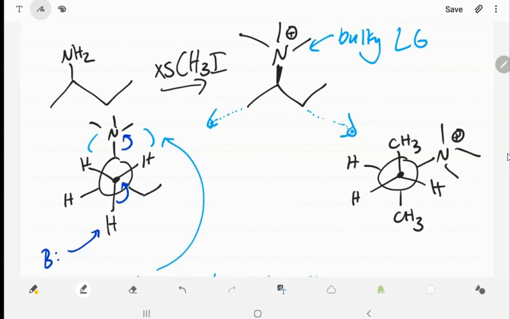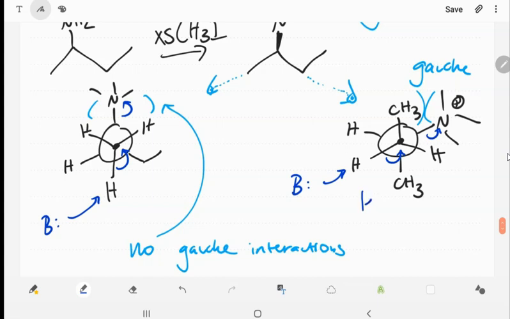So we see here now we do have gauche interactions, happening between the methyl group and the amine. It's a little bit less pronounced with the methyl group. If we had an isopropyl or something, it's even more obvious. But as a result, we have gauche interaction. So if we were to try and eliminate this way, it's less likely to happen. So this is less likely.